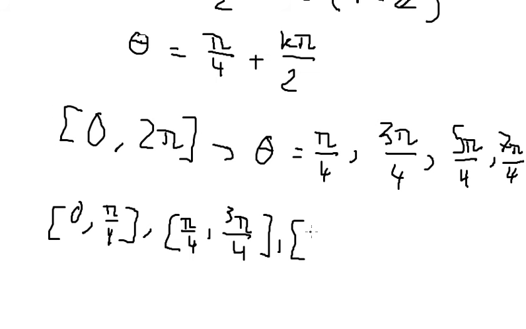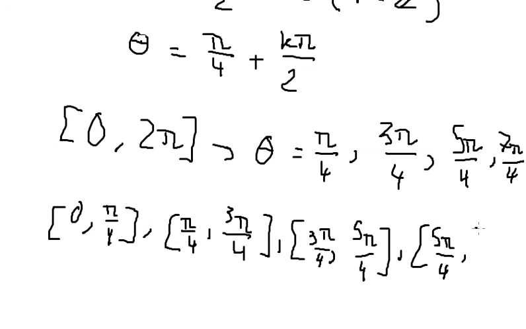The next one, 3 pi over 4 to 5 pi over 4, and 5 pi over 4 to 7 pi over 4. And the last one, that's about 7 pi over 4 to 2 pi in here.